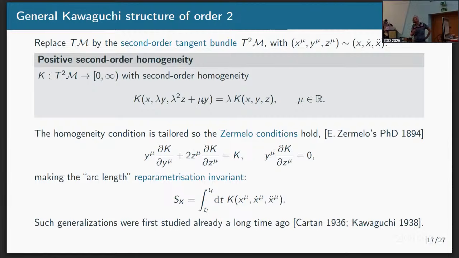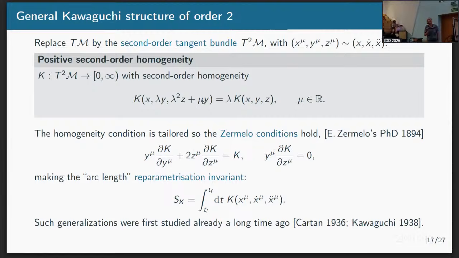So Kawaguchi geometry works for any tangent bundle. We are staying with the second order tangent bundle just because our problem up to third order goes only to the acceleration. And this is known from the work of Kawaguchi in 1936, 38.